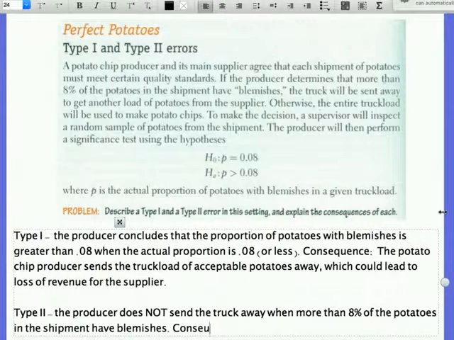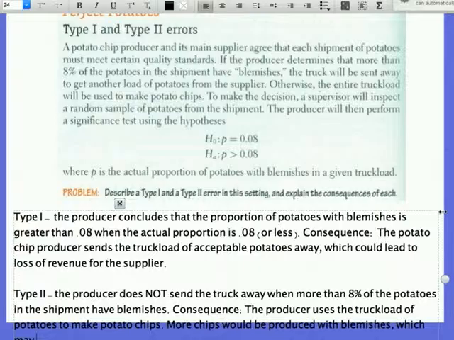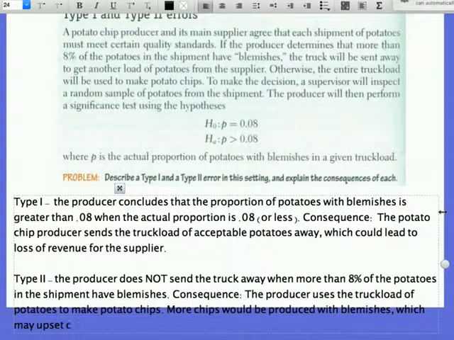The consequence for this would be that the producer uses the truckload of potatoes to make potato chips, and that would mean that more chips would be produced with blemishes, which may upset customers.